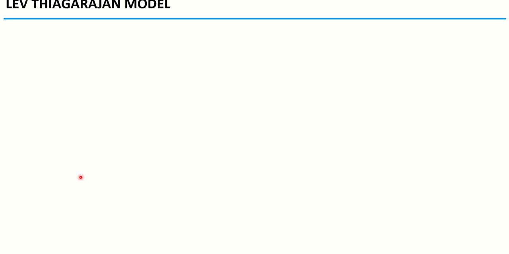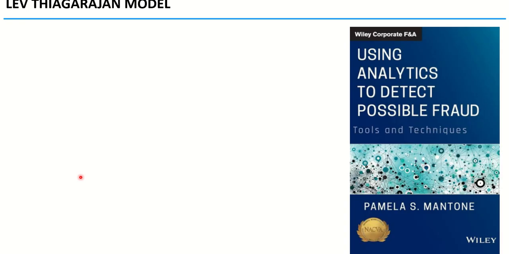Moving to the academic background, from this and the next video, I will introduce the model first, followed by the prompting techniques. For the Lev Thiagarajan model, I came across a book some 8-9 years back, Using Analytics to Detect Possible Fraud, written by Pamela S. Mantone. In that book, there were a lot of tools, models, and ratios that a forensic investigator can use to unearth fraud.